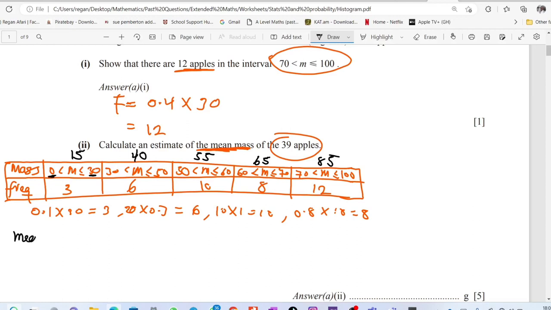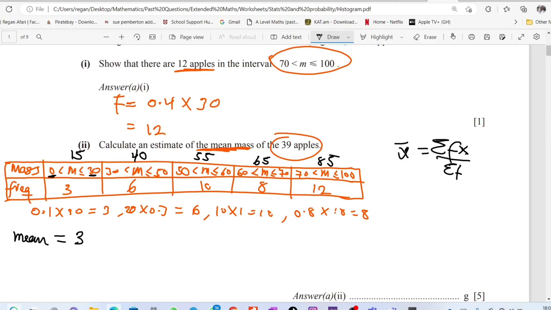So our mean, we normally use this formula, the sum of frequency times x values over the sum of frequency. So that's the kind of idea we're going to use now.